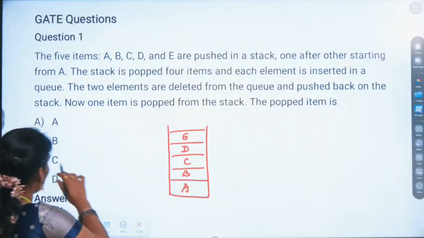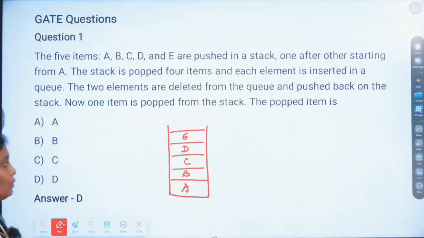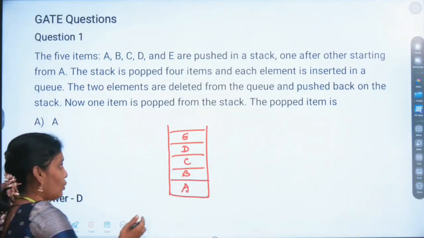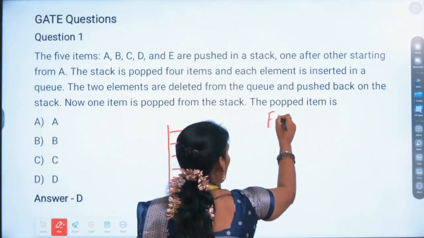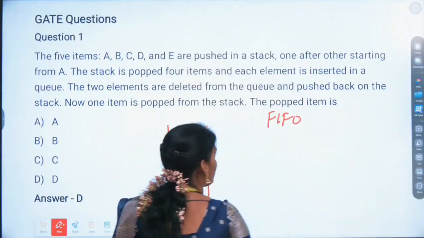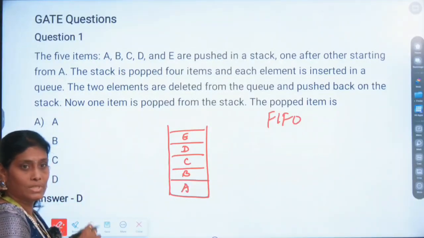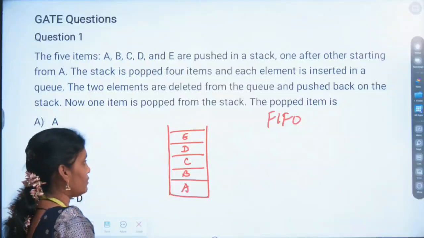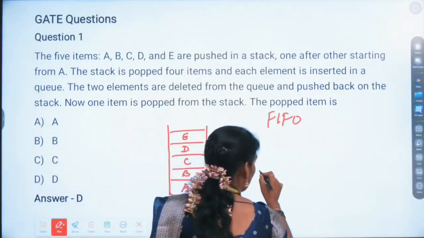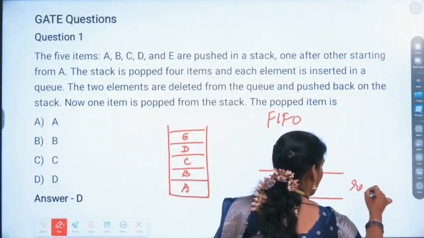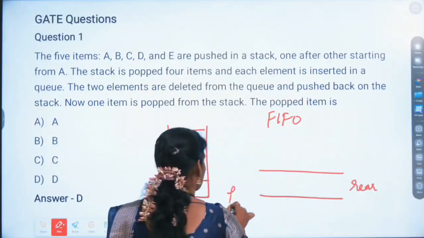Before that we should know what a queue is. A queue is also a linear data structure that follows the FIFO principle. FIFO is first in, first out, which means the first element which is inserted will get deleted first. This queue has 2 ends, one called the rear end and the other called the front end.